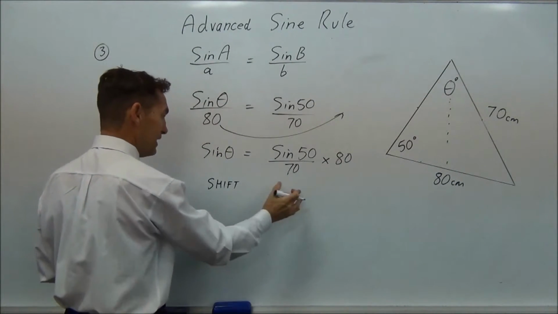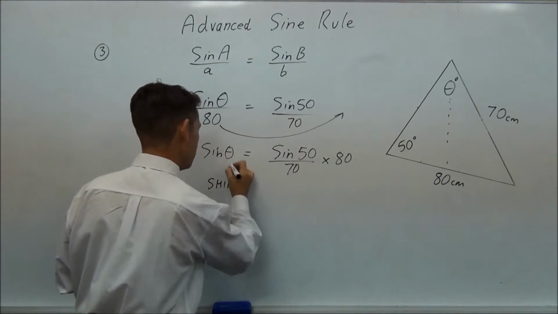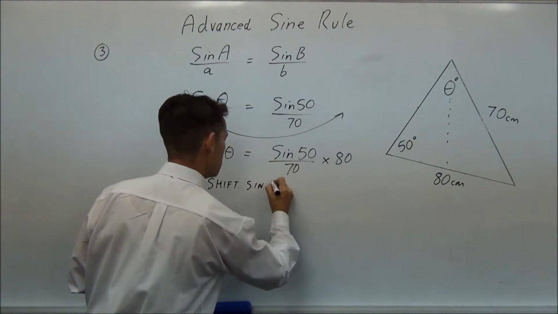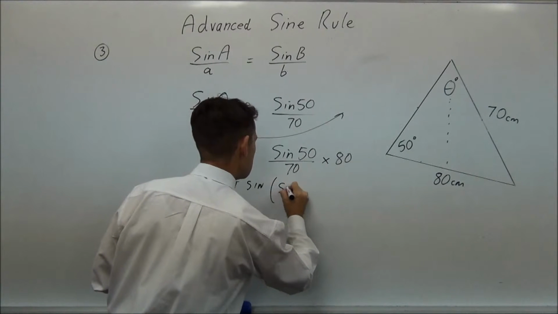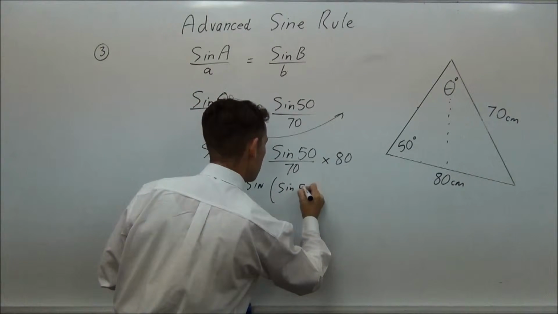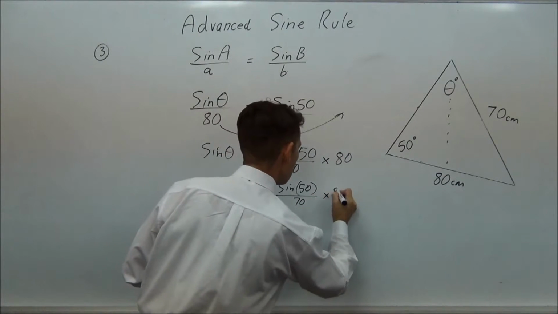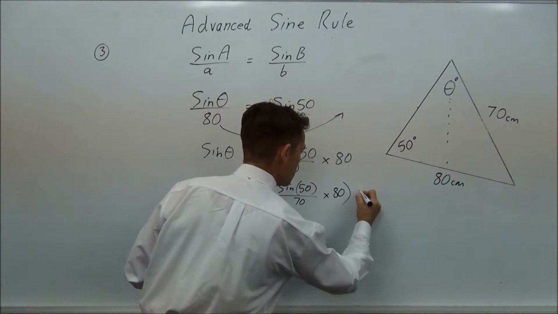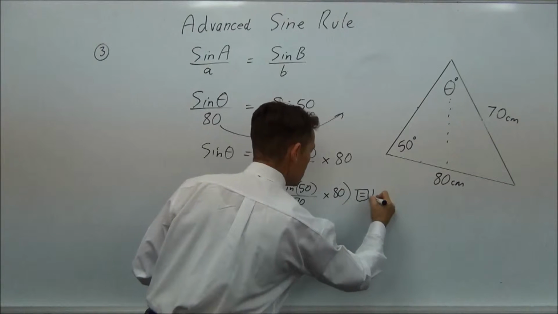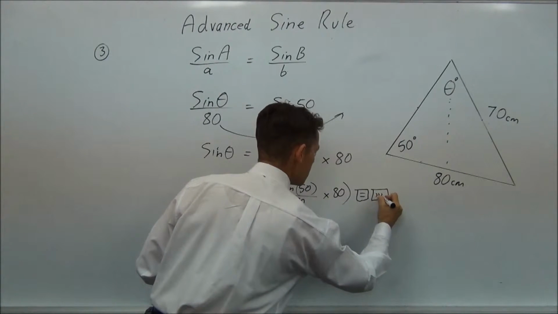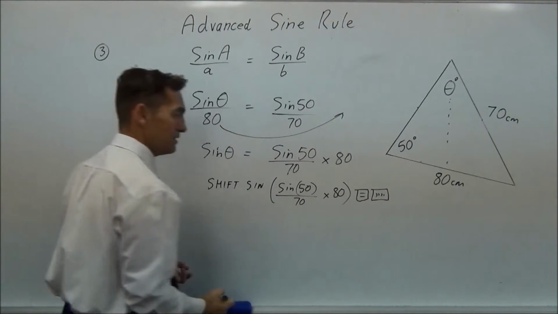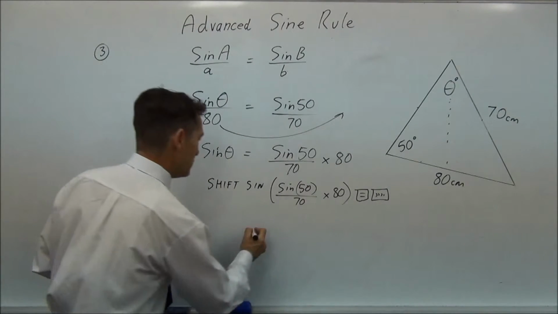We don't want that 0.8 thing. That's not the answer. We want the value of that. So shift sine, brackets, sine 50 over 70 multiplied by 80, close the brackets, press the equals button, and then you're going to press your degrees, minutes and seconds button. Okay, and that's going to give you the correct answer.